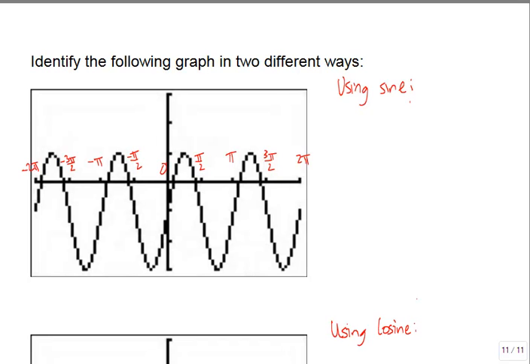Okay? So in order to do this using a sine curve, the very first thing you're going to need to do is to identify that typical sine curve shape. And you know from earlier today that that sine curve looks just like that, an up and a down. So we need to look for that. And I can't just start it right here because that's not going to be symmetric. We don't have the same up here as we have down here.